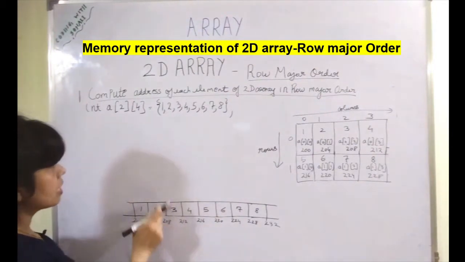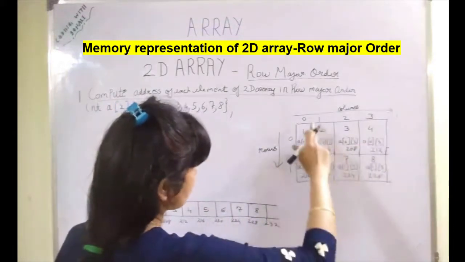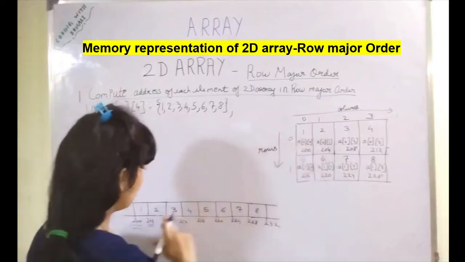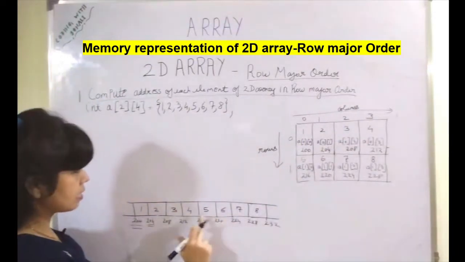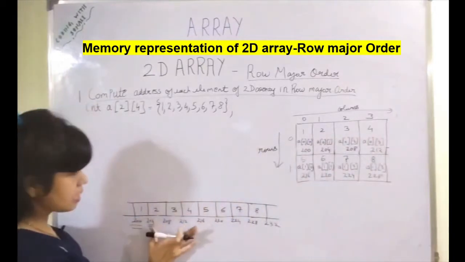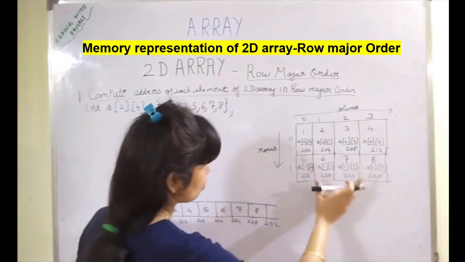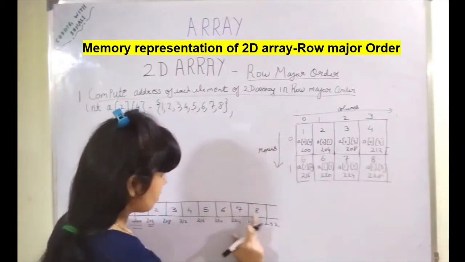You can see here there were 2 rows and 4 columns. So 1 is present here, then 2, then 3, then 4. Row wise, all the elements of the 0th row are located in the memory, and then the first row will be located one by one; the remaining 5, 6, 7, 8 will be located.